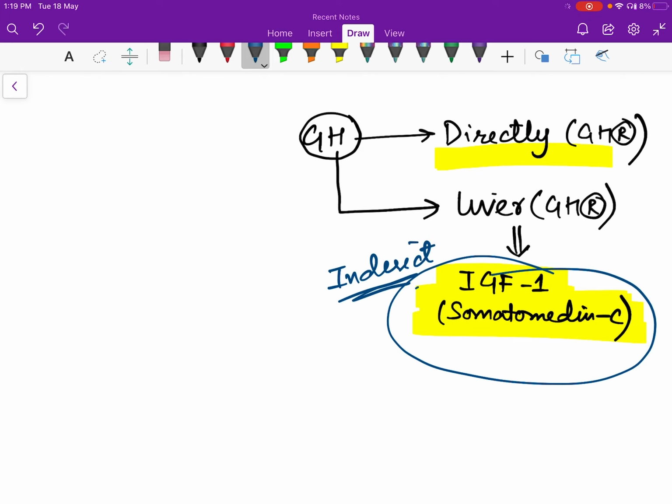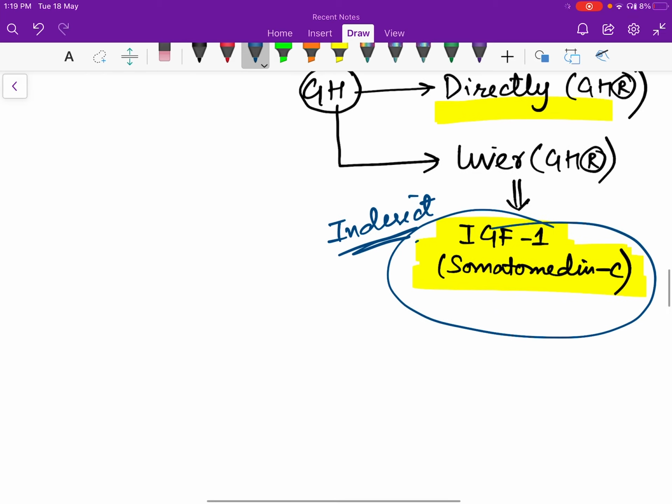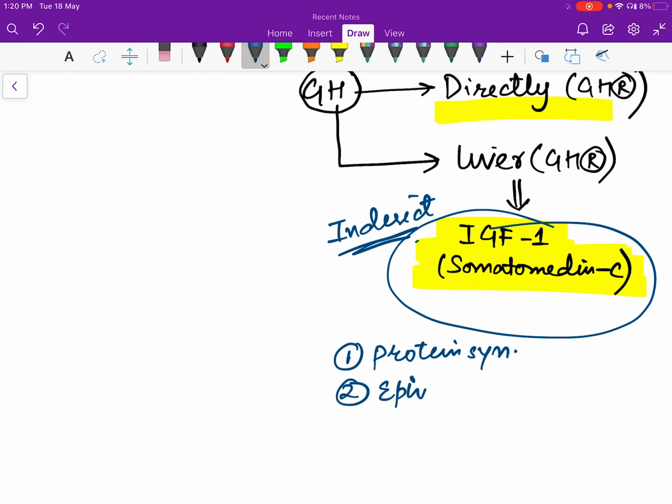Okay. Now, an important point that we should remember is that growth hormone and insulin-like growth factor 1 produce similar actions in some cases, and in some cases they produce different actions. If we go to basics, there are four actions of growth hormone. First, protein synthesis. Second, it will cause growth of long bones, so there will be epiphyseal growth.